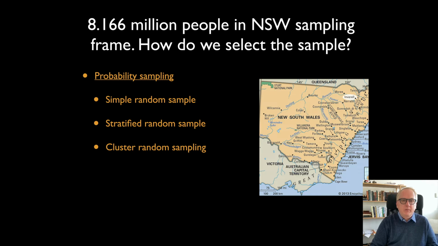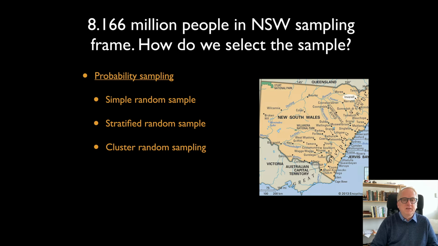A third type of probability sampling is known as cluster random sampling. And what we do here is it's not so much based on some personal characteristics of people that I'm looking at. Instead, what I might do is just say, I'm going to go ahead and pick certain postcodes or certain clusters or regions of people. Maybe I just pick everybody who's in the southern part of the state, or small groups of 10,000 people here and there.